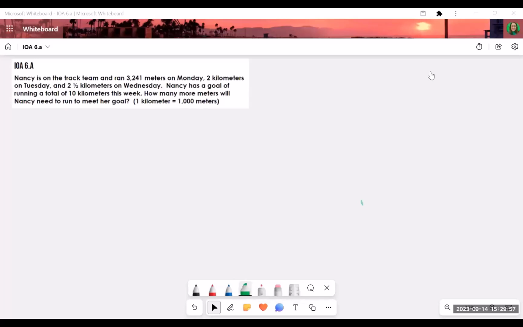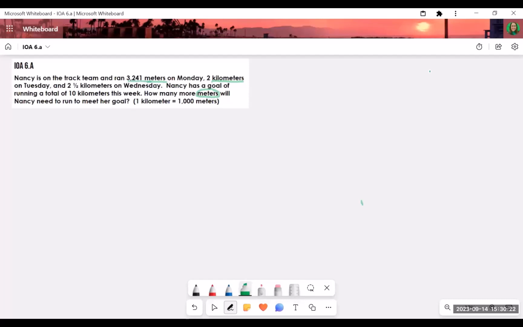The first thing I am noticing about this problem is that we have meters and kilometers as our units in this problem, and that our answer needs to be in meters. So one of the distances that Nancy ran was 3,241 meters.